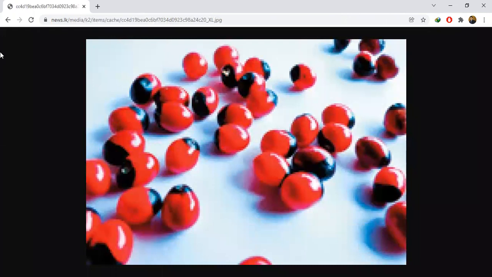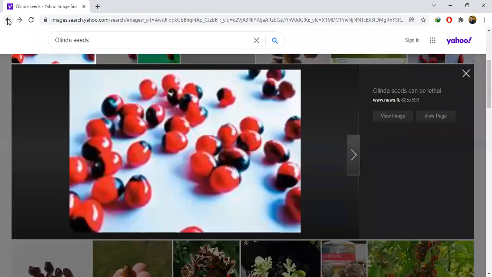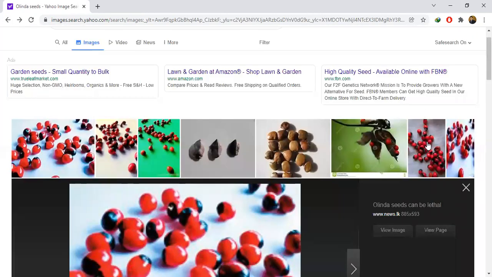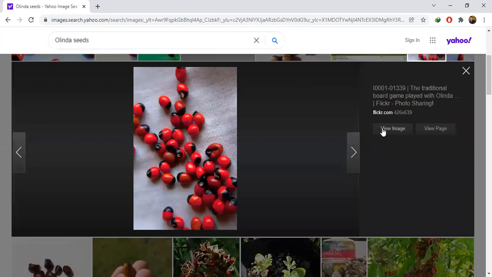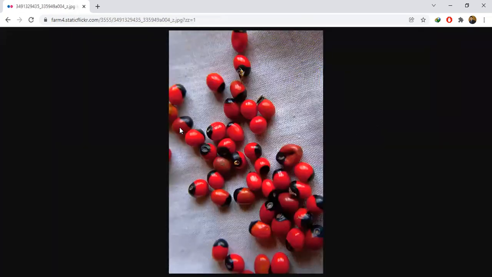It is also an attractive material, a seed. So it is attracting birds. Attracting birds, this Olinda, right?